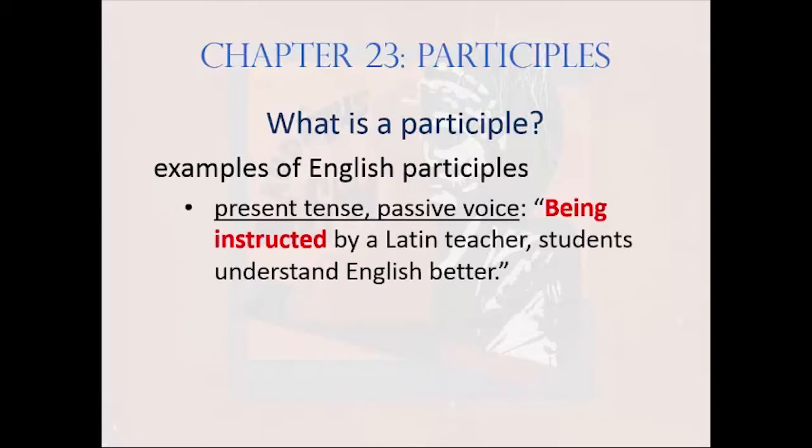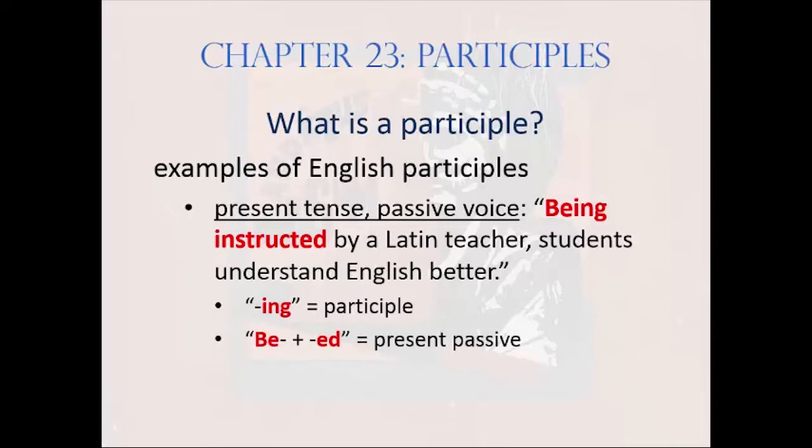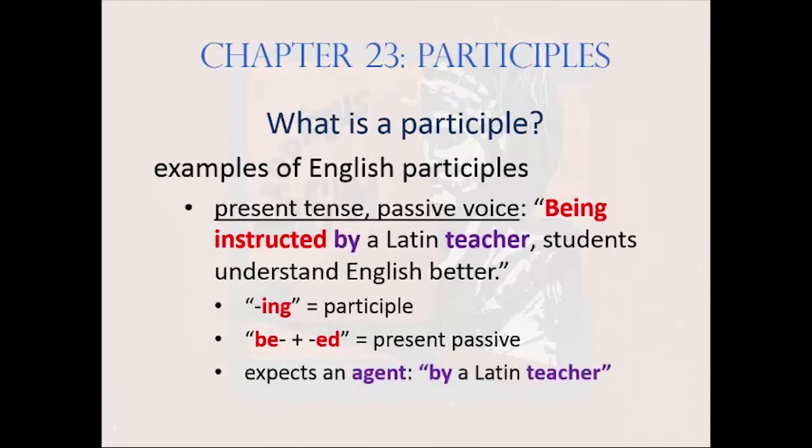Besides being active voice, participles can also be passive voice, as in, being instructed by a Latin teacher, students understand English better. As before, ing indicates that the form is a participle, but when it's expressed with be plus the ed form of the verb, it becomes passive, which means it expects an agent, by a Latin teacher.